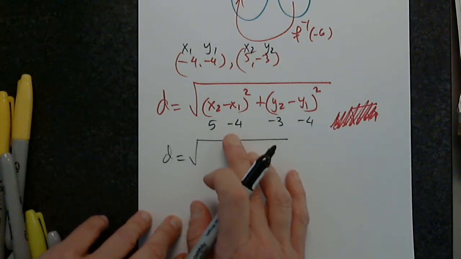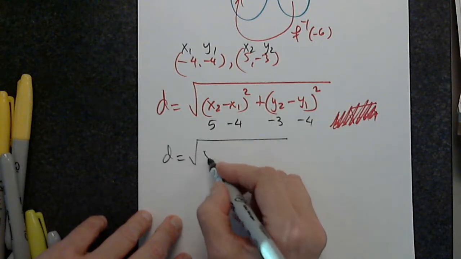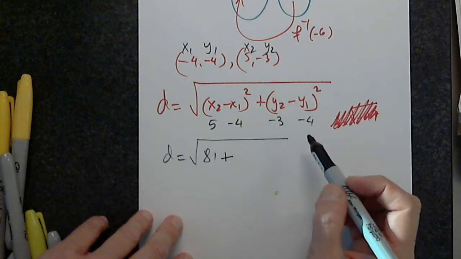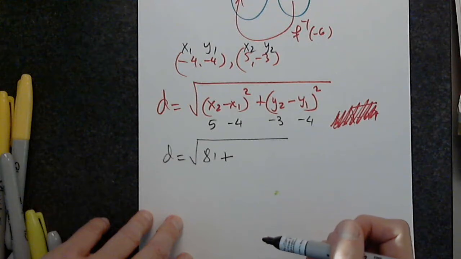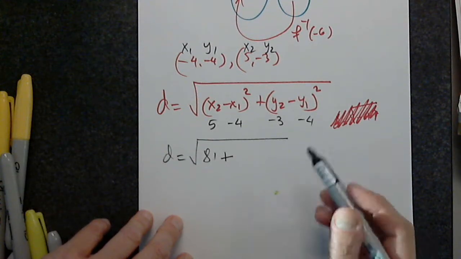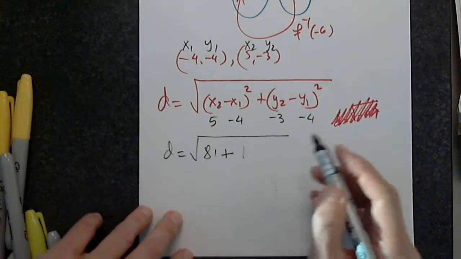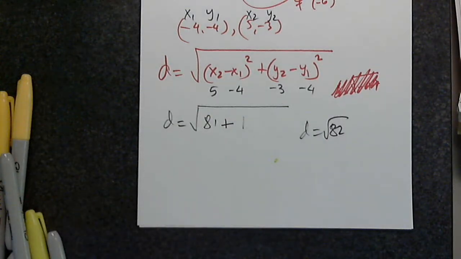Exactly, which is 9 squared. Perfect. We are here now with plus -3 minus -4. Negative 3 minus negative 4. 1. 1 squared. Good. So then the distance is the square root of 82. If you try to factor that into 2 times 41, 2 is not a perfect square, 41 is not a perfect square. There's nothing else we can do here.